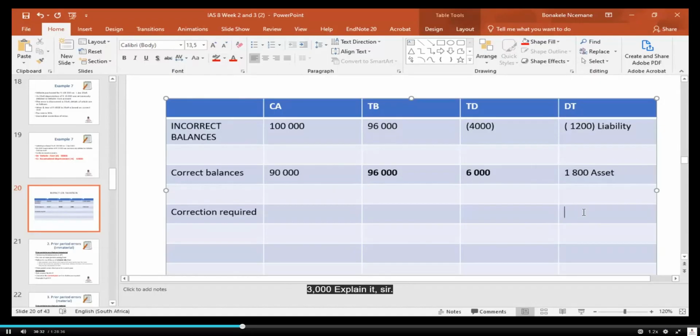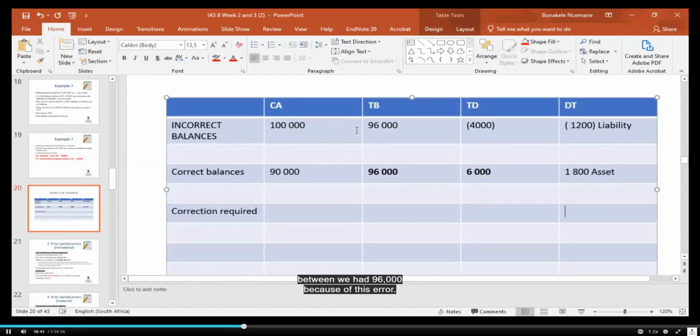Explain it, sir. So remember this, we had 96,000 because of this error. The difference between 100,000 and 96,000 was 4,000, isn't it, caused by this error. And then it resulted into a liability, so this is negative. Suppose the error resulted in a liability that was nil, so the carrying amount would have been 96 and 96, and then we'd have had 0 here.